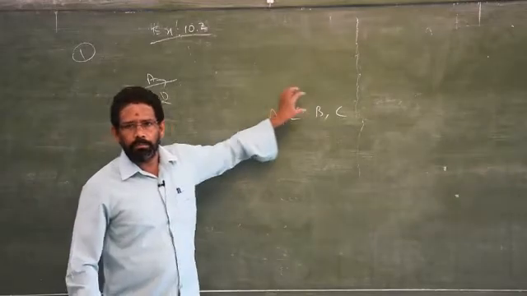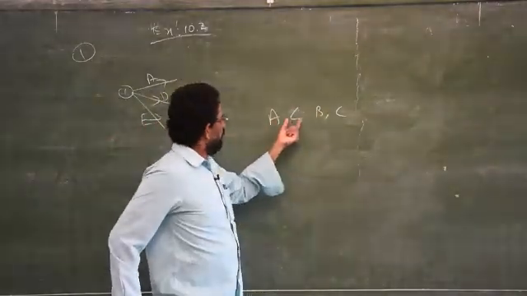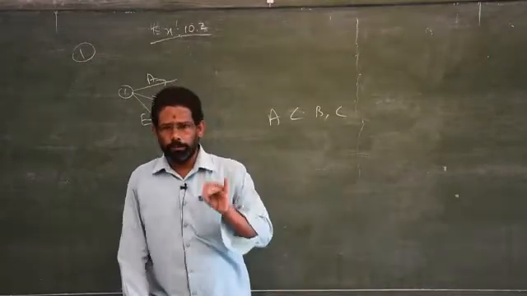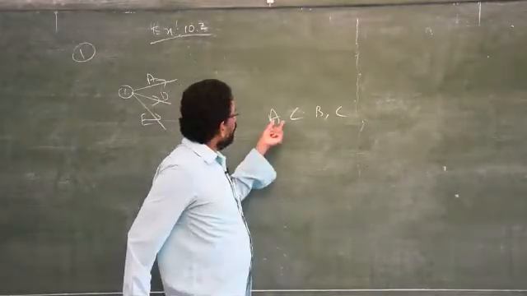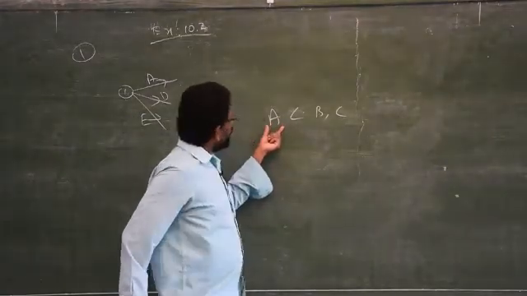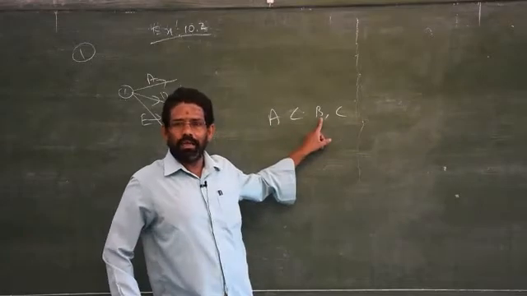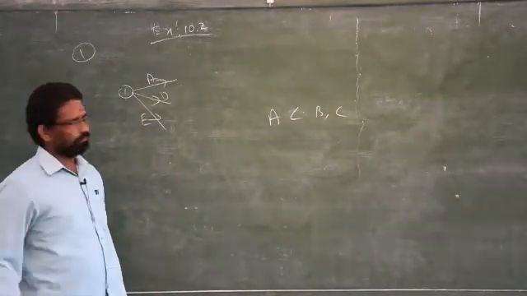A is smaller than B, C; mathematically we can read it like that. A less than B, C. But according to PERT, when activity A is completed, from A you have to start activities B and C. That is the meaning. Clear?